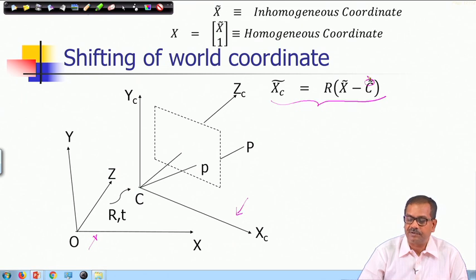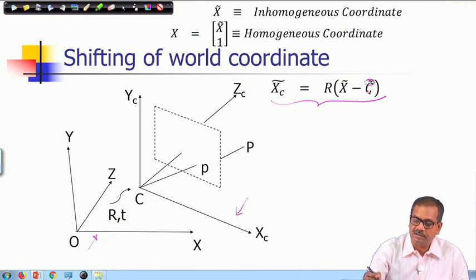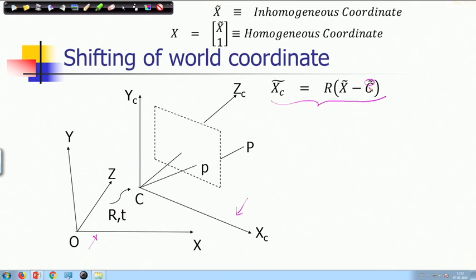So, you can see that first you have to translate the point from the camera center, that is, translate the origin by this operation. This is the corresponding location of the center.